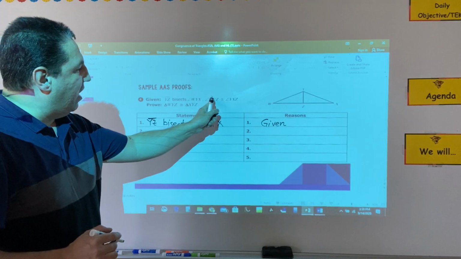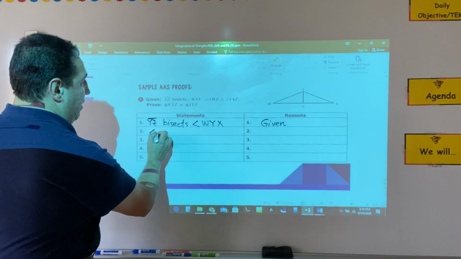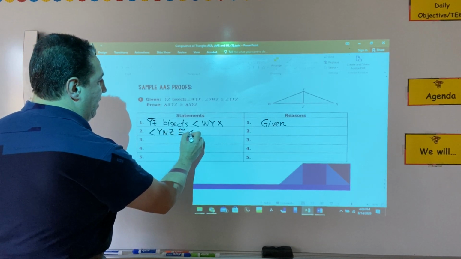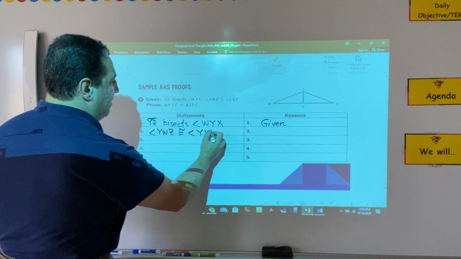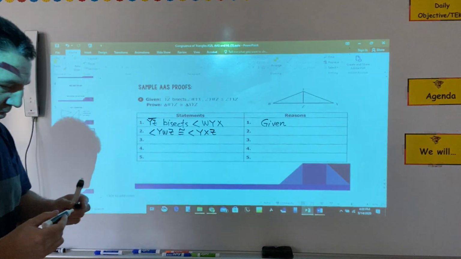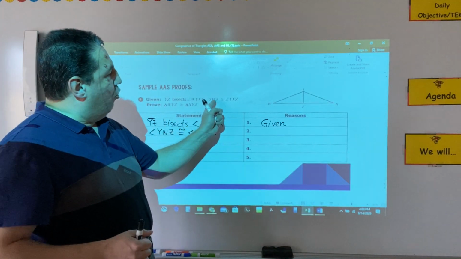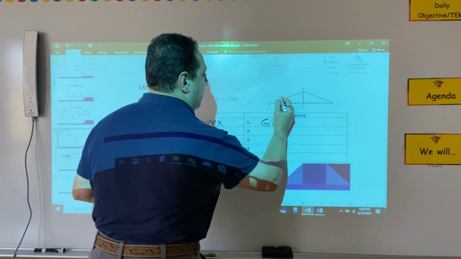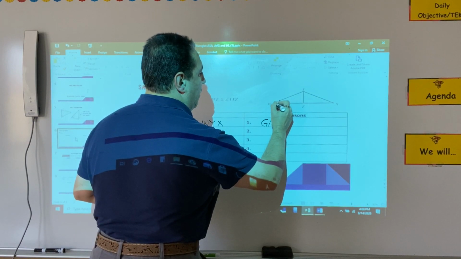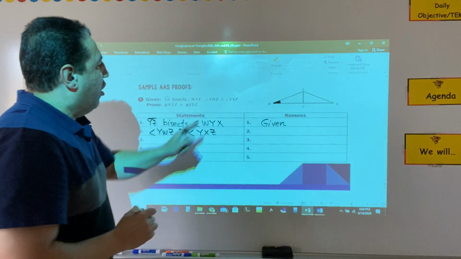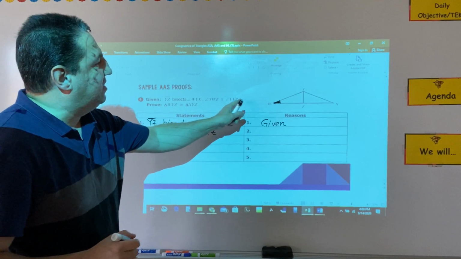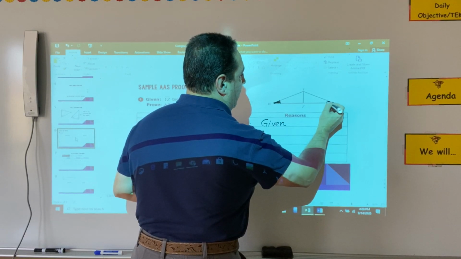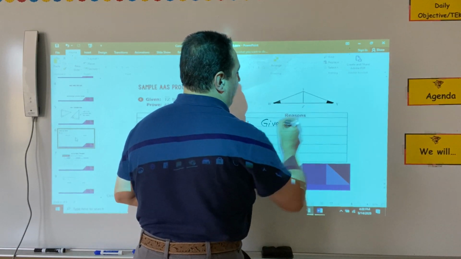Angle YWZ congruent angle YXZ. Let's mark them. Remember, we follow the order of letters. So YWZ, this angle, right? Congruent angle YXZ. These angles are congruent. Good.